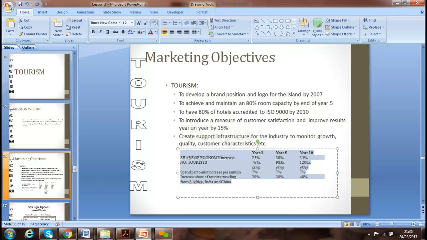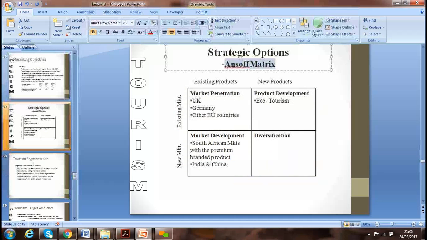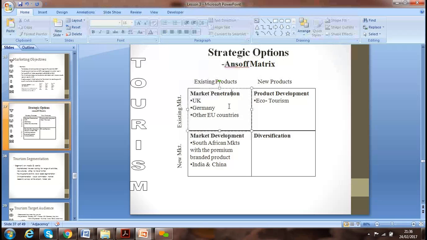Market analysis: Ansoff. The Ansoff matrix. He said that when we plan a marketing campaign for any industry, if we want to expand our existing product in this market, the approach is called market penetration: existing product in your existing country.